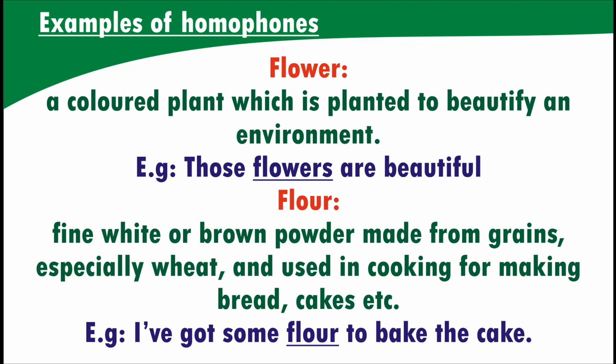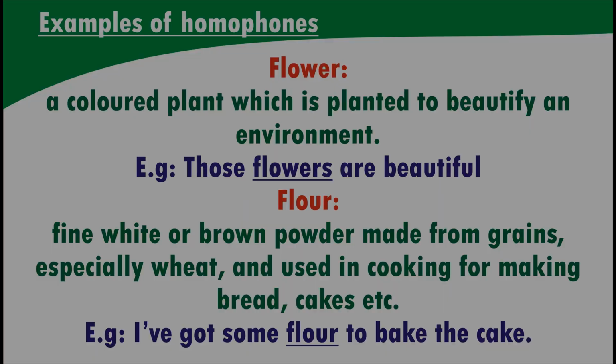And the second is flour: fine white or brown powder made from grains, especially wheat, and used in cooking for making bread, cake, etc. Let's use it in an example: I've got some flour to bake the cake. So both words are pronounced flour, but the meanings and spellings, of course, are different. The first one is F-L-O-W-E-R, while the second one is F-L-O-U-R. Both of them are pronounced the same way.